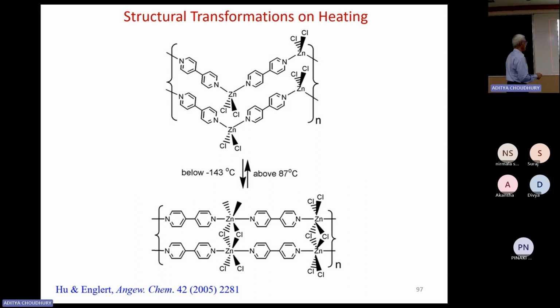If you take this compound and heat it back, it goes back. So it's a very simple one. The reaction is simple because of the terminal and bridging nature of the chloride ligand. As long as you have packed them very closely, the reaction will proceed.